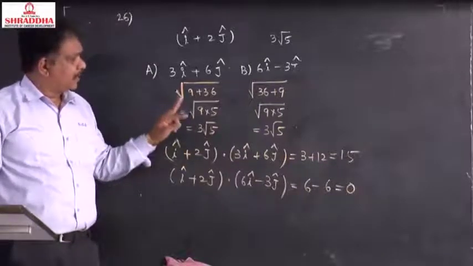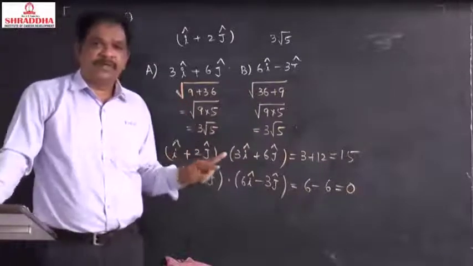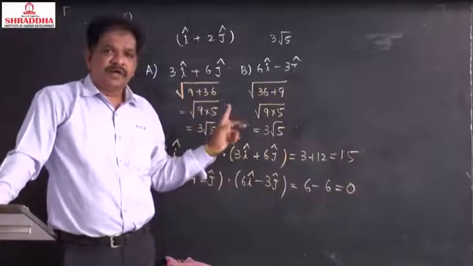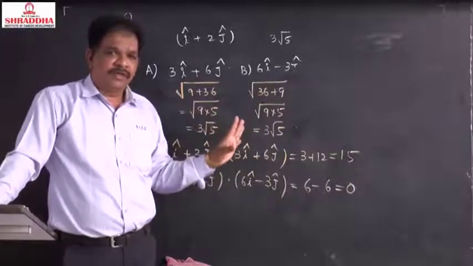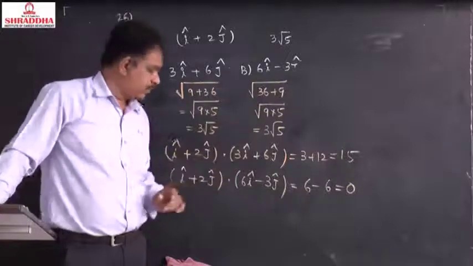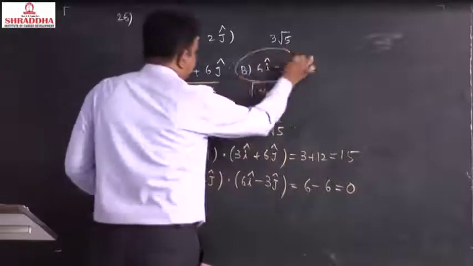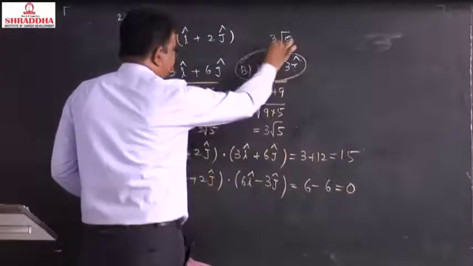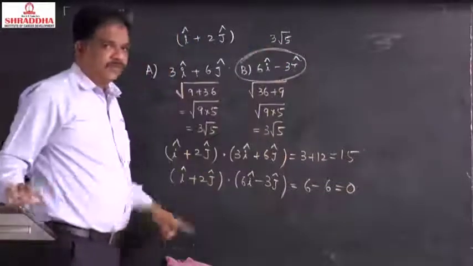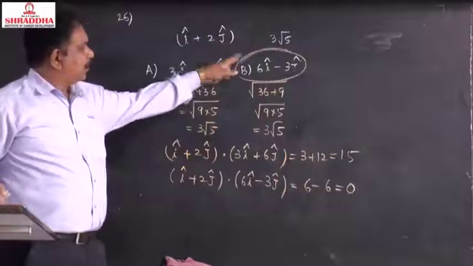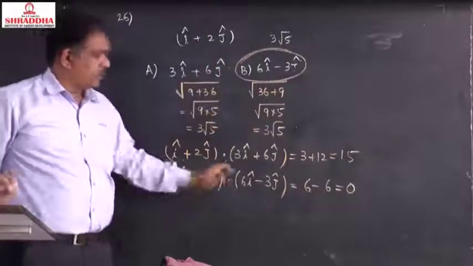If two vectors are mutually perpendicular, their dot product value will be equal to 0. So what is the correct answer here? This one. Its magnitude is 3 root 5, and the dot product is equal to 0.